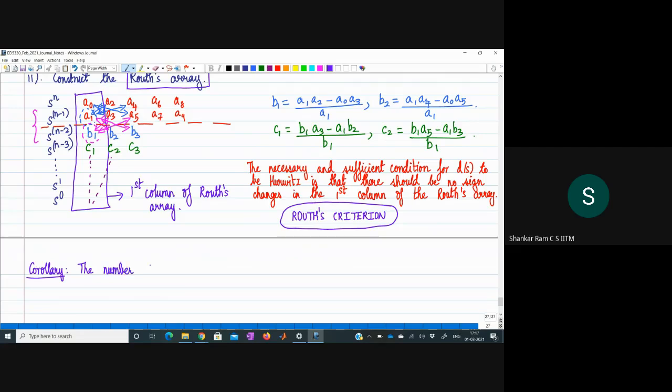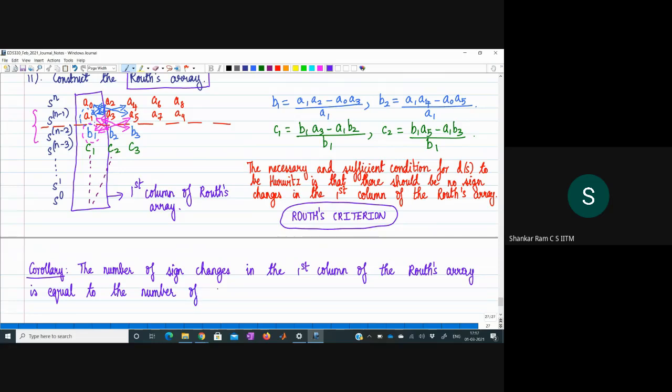The corollary is the following: the number of sign changes in the first column of the Routh array is equal to the number of roots of D(s) in the right half plane.